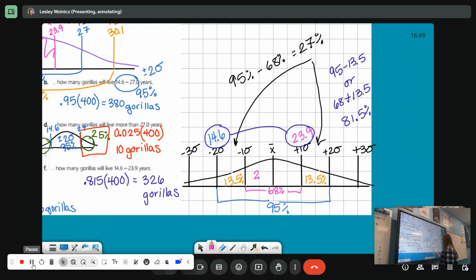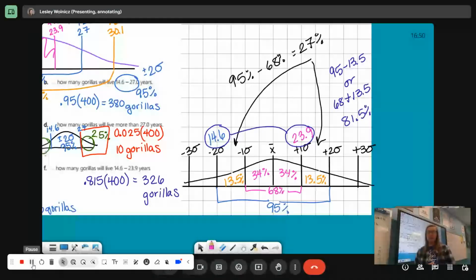Between 1 standard deviation below the mean and the mean itself, we have 34%, and also 34% here. Between -2 and -1 standard deviation is 13.5, and the same on the right, between +1 and +2.